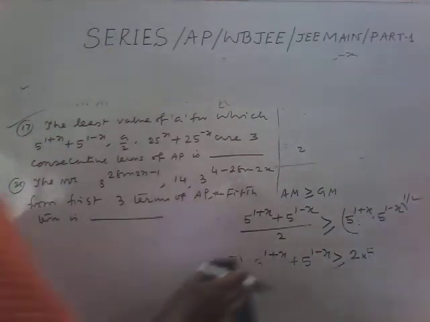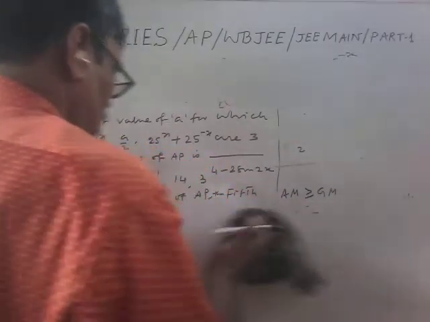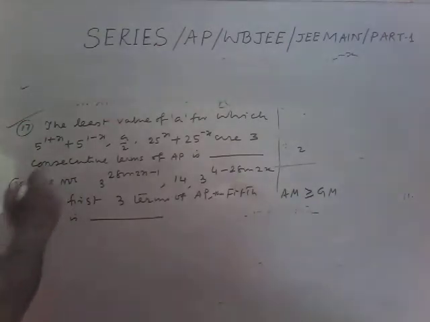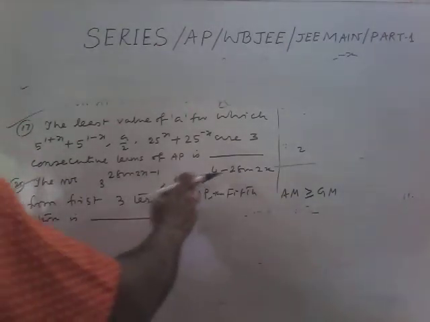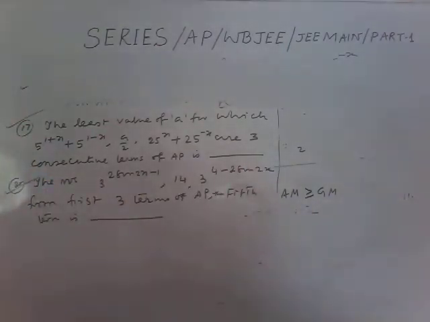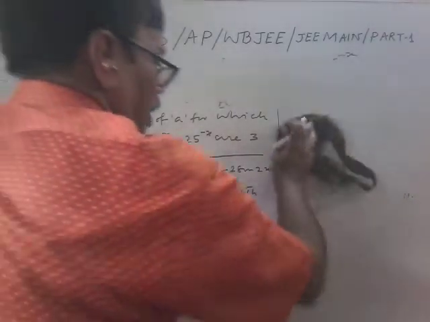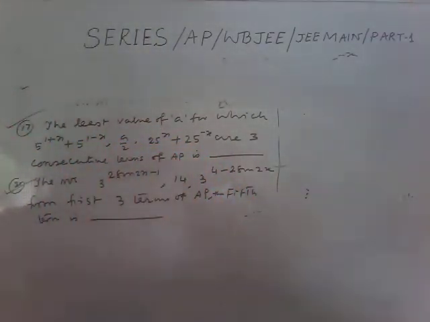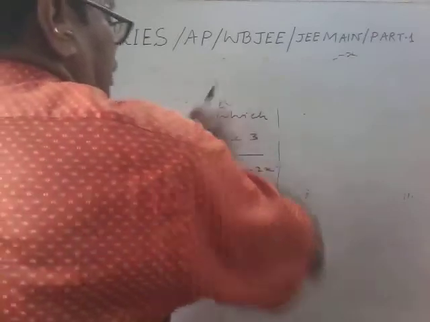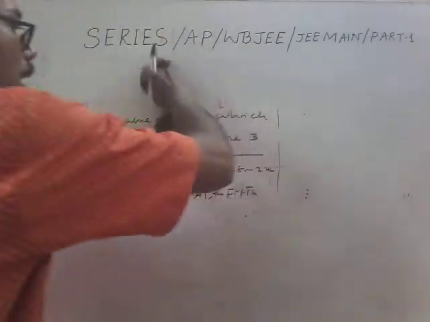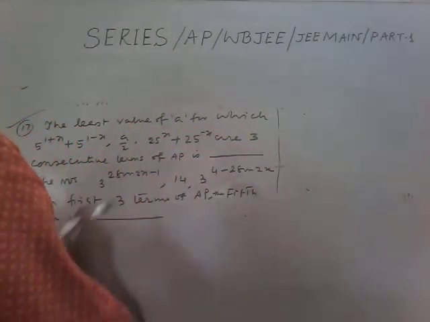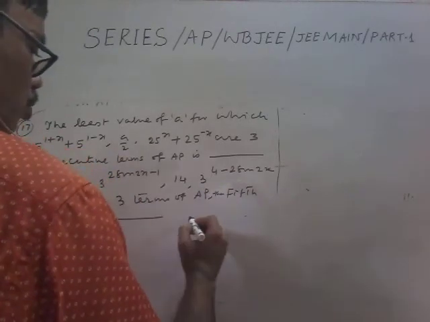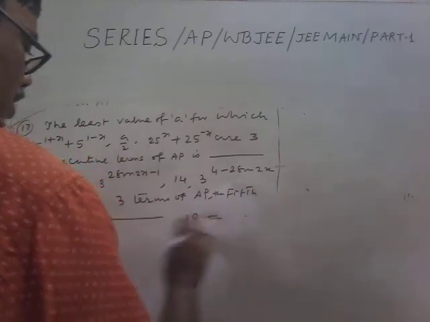Now problem number 25. The numbers this and this form 3 terms of AP. Find the 5th term. So again it is exactly the same as the previous one. It is 2 into 14. This is 28.